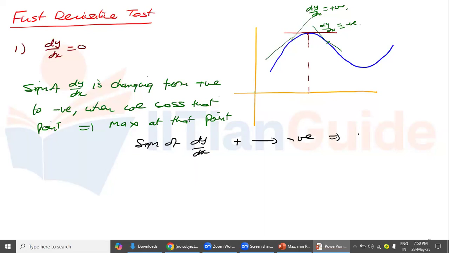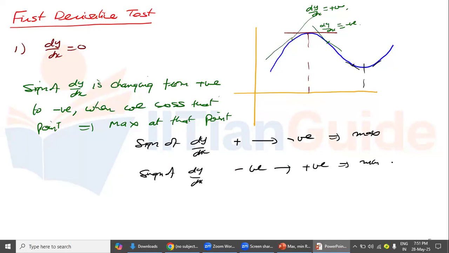That means it is maxima at that point. Similarly, for the minima, the slope here will be negative, after that positive. So the sign of dy by dx changes from negative to positive when we cross that point, or move from left to right. Then it is minima.